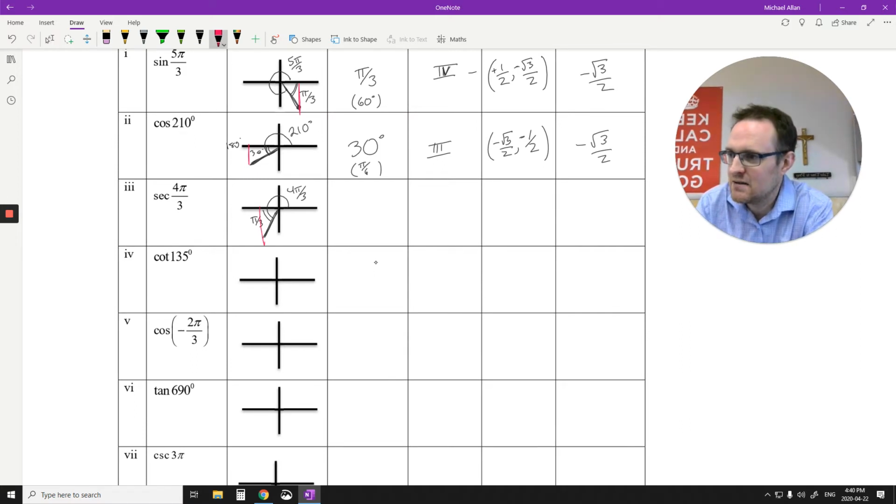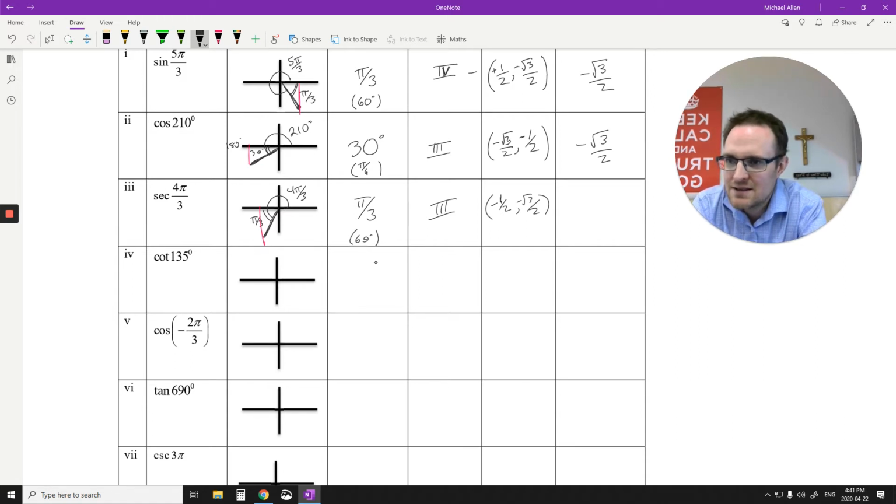That means the y value is the longer side here because that is a 60-degree angle. It's in quadrant 3 as well. So the y is the longer side. Both negative because we're in quadrant 3. Everything's negative in quadrant 3. Secant. Okay, so secant is the same as 1 over, here, I'll write this down here.